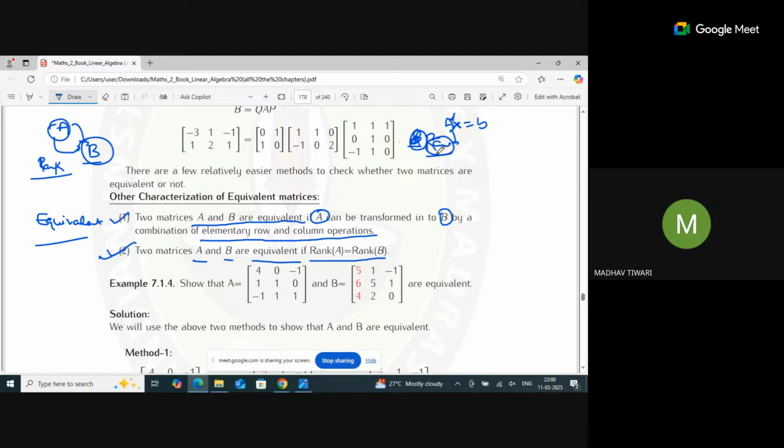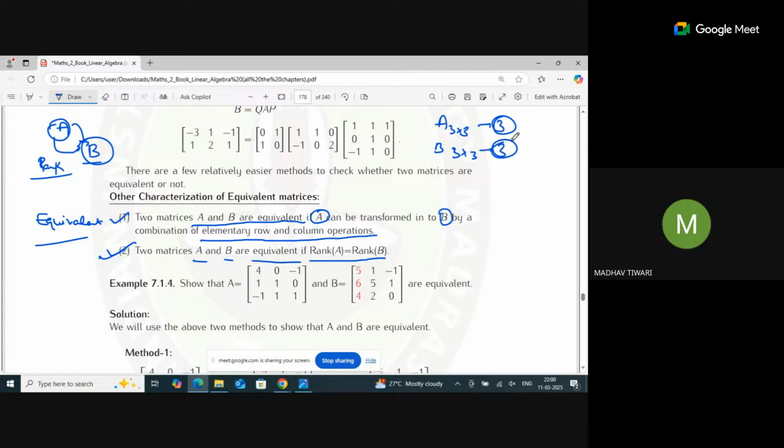Sir, let's say I have a 3 by 3 matrix A and the rank is 3, and similarly I have B as a 3 by 3 matrix with rank 3. Even though the components of these two matrices are different, we can say that they are equivalent.